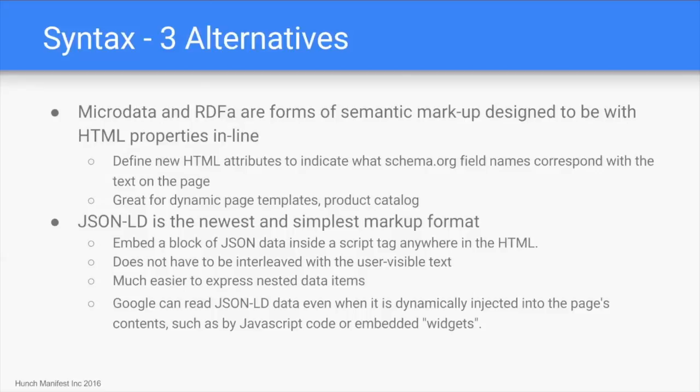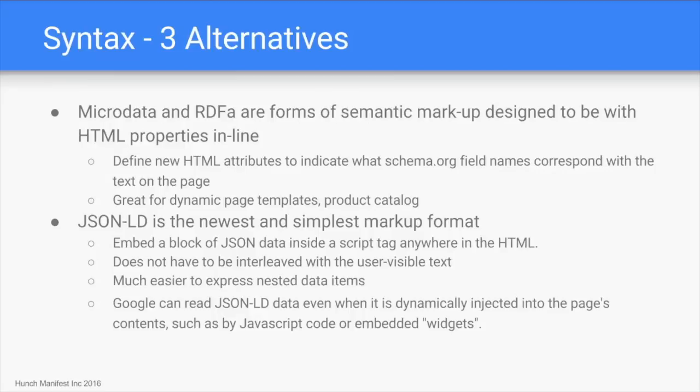There are three different syntax alternatives. Microdata and RDFa are forms of markup designed to be within your HTML, so they sit within your templated code and may be attached to different HTML elements, like a div or a span.